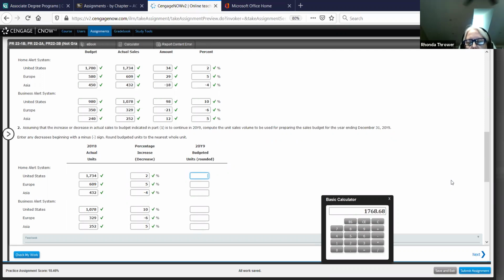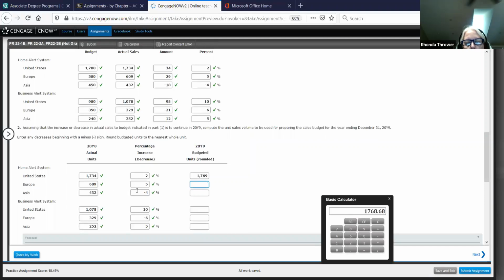It eliminates the step here. So I hope I didn't confuse you on that. I'm trying to make it a little bit easier for you. And they told you to round up to the nearest unit. So this would be 1769, or 1,769 units, is what we would budget for the next year.